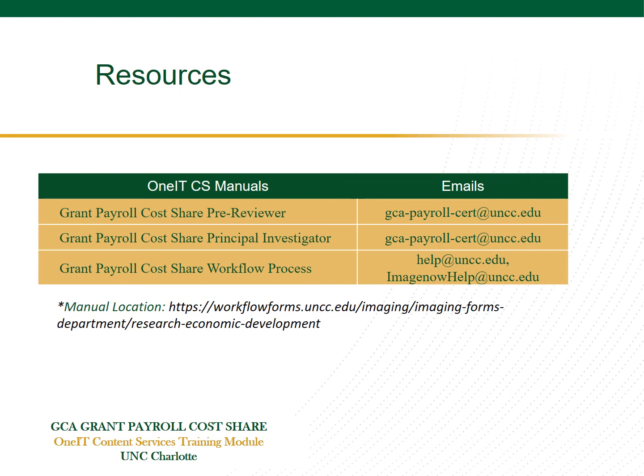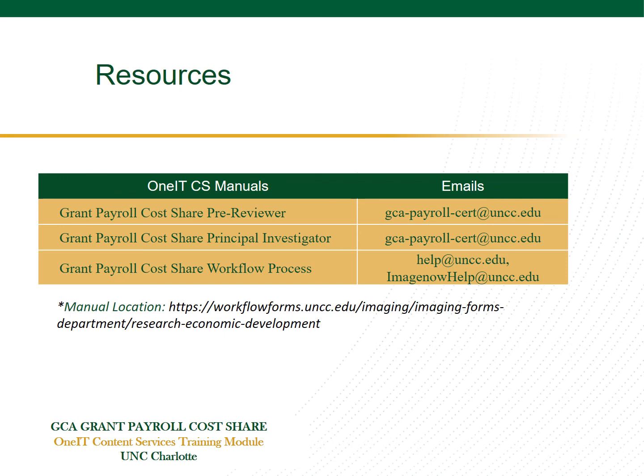So basically you go to our website, workflowforms.uncc.edu, you click on the imaging drop-down box at the top, you go to imaging forms, and then you look for the department on the left. The department is Research Economic Development. At the bottom of the form, you will see documentation, and under that documentation, you will see those 3 manuals listed out.